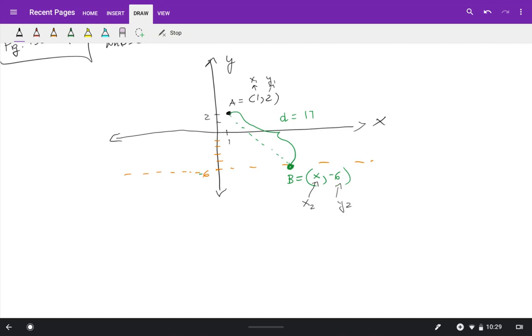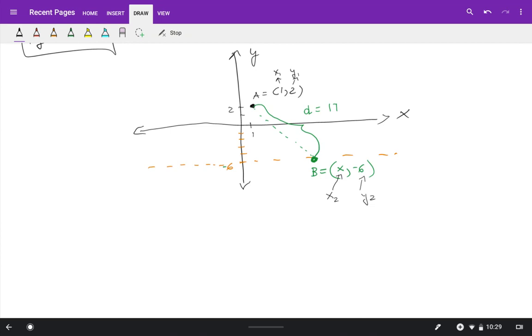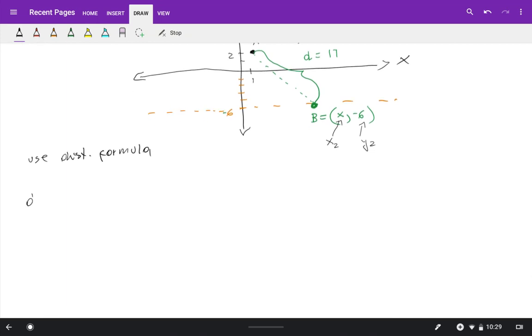So we're going to use the distance formula. The distance between points A and B is equal to the square root of x2 minus x1 squared plus y2 minus y1 squared.